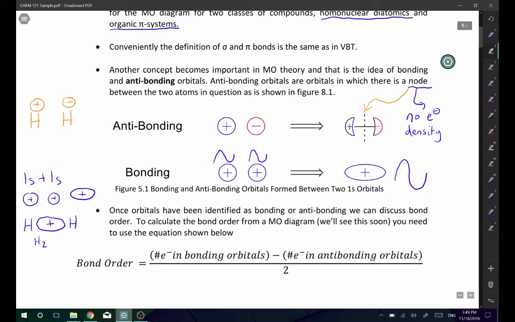So what this is really signifying is that if you fill up antibonding orbitals, it's actually weakening the bond. It's telling the electrons, don't go in between the atoms, go to either side of them. It's a form of localization of charge.